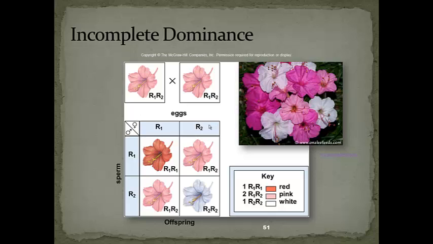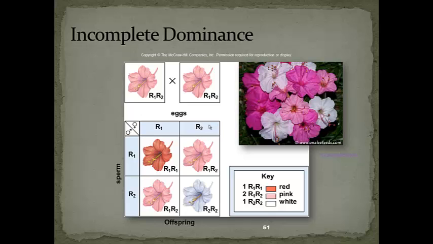And you can actually see the genotype when you look at the phenotype. The homozygous dominant is going to be red, the homozygous recessive is going to be white. The heterozygote is going to be pink, a set midpoint between the dominant and the recessive. Okay, so it's one intermediate version.